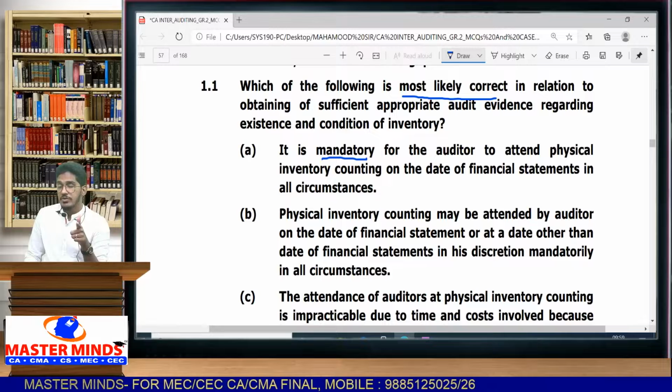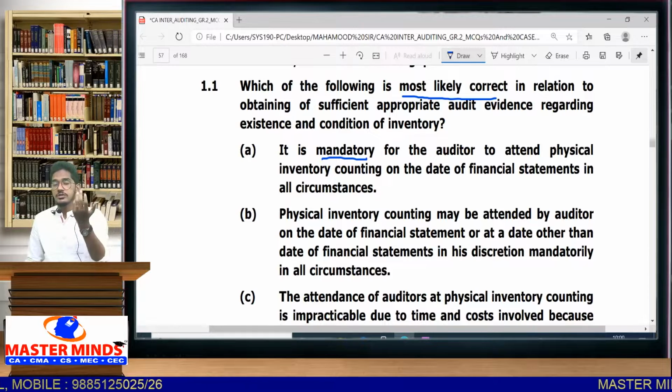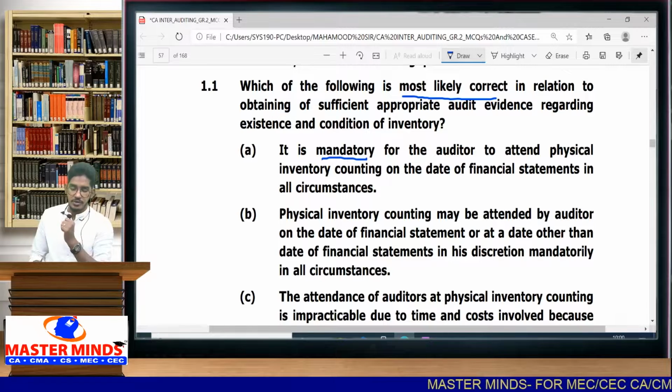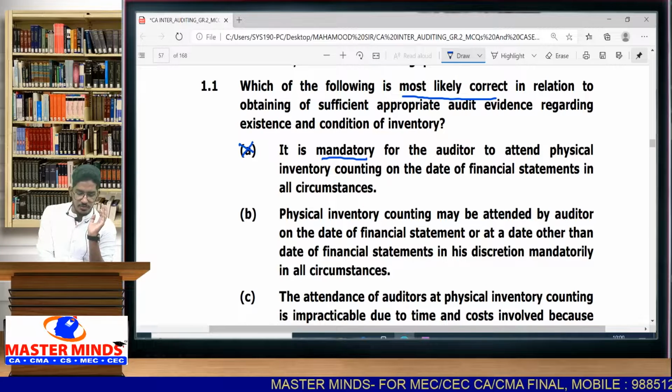If it is carried out at a date other than the balance sheet date, then also try to attend. If you are not able to attend when the management is physically counting the inventory, then you go on some other day and do test counts. That is what the standard says. It doesn't say it is mandatory for the auditor to attend in all circumstances. So this statement is false.